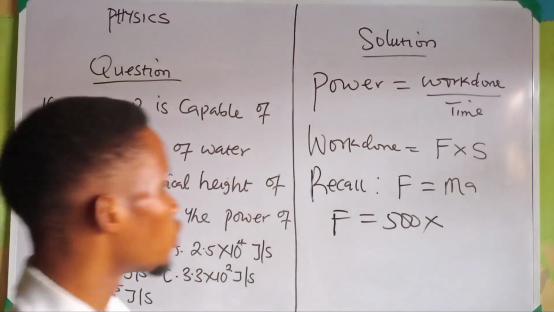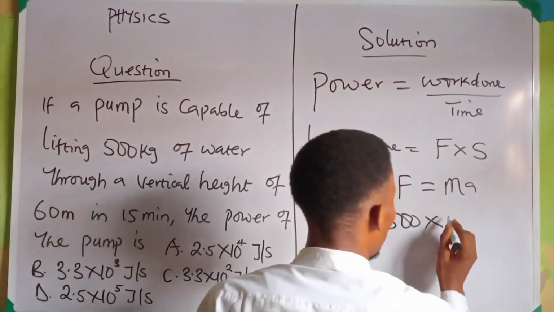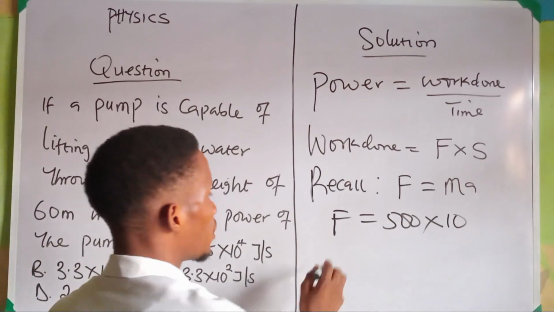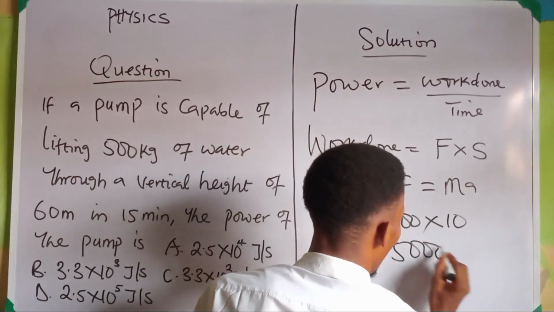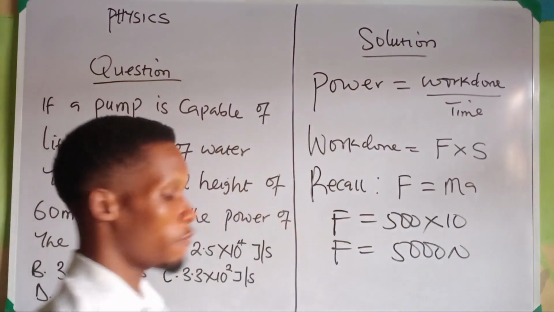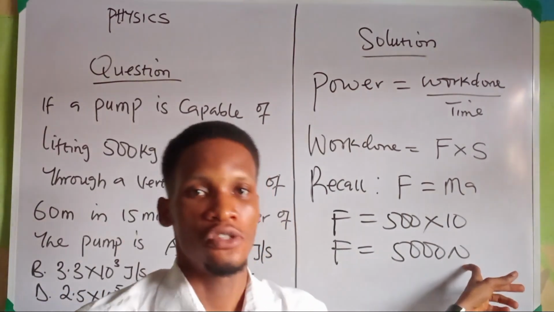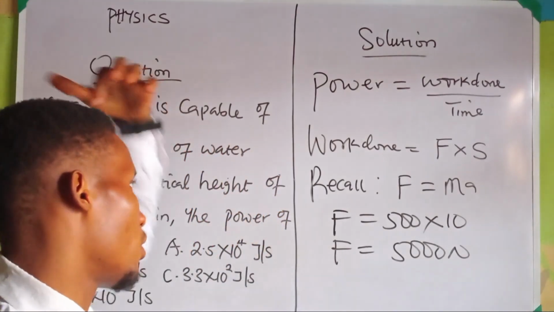The acceleration due to gravity, which we got here to be what? 10 meters per second squared, which is a constant. So if you look at this now, you see that our force is 5,000 Newton, because the unit used for measuring force is Newton. So that's why we are getting our force to be 5,000 Newton.